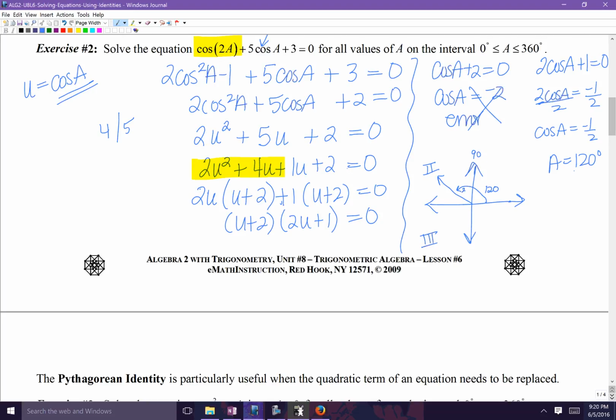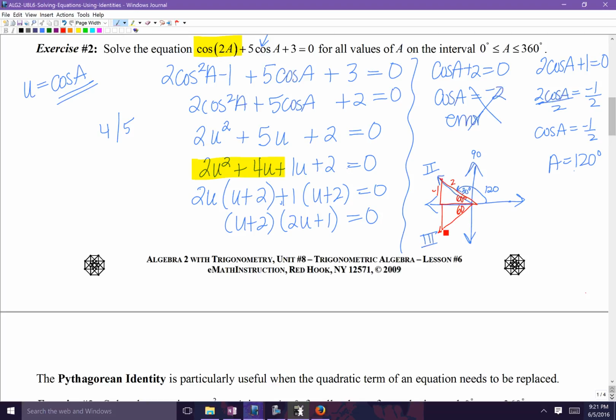So that means my reference angle here is 60 degrees. And you're saying, why do I need to know that? Well, because the cosine of 60 is 1 over 2. So now I need to figure out where else would I have a negative cosine value and a reference angle of 60 degrees. Well, that would be right here in this quadrant, right?